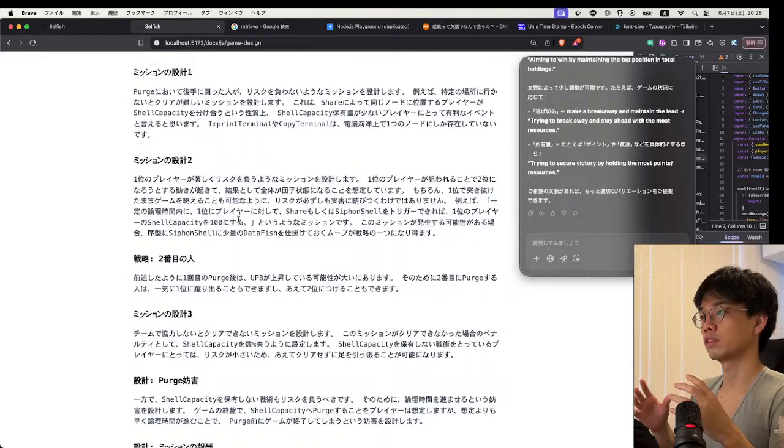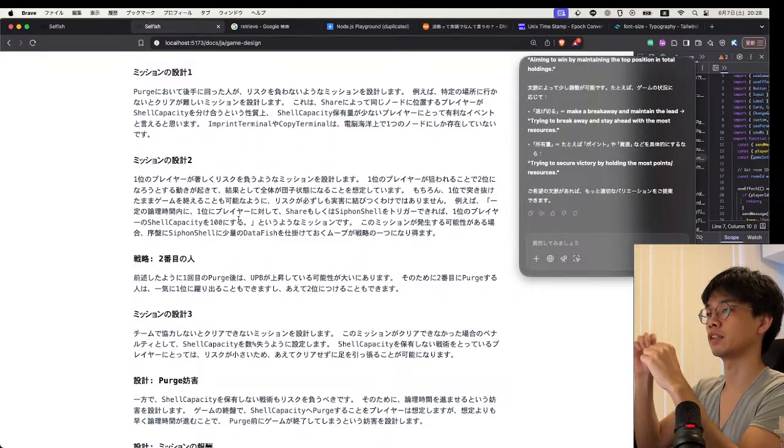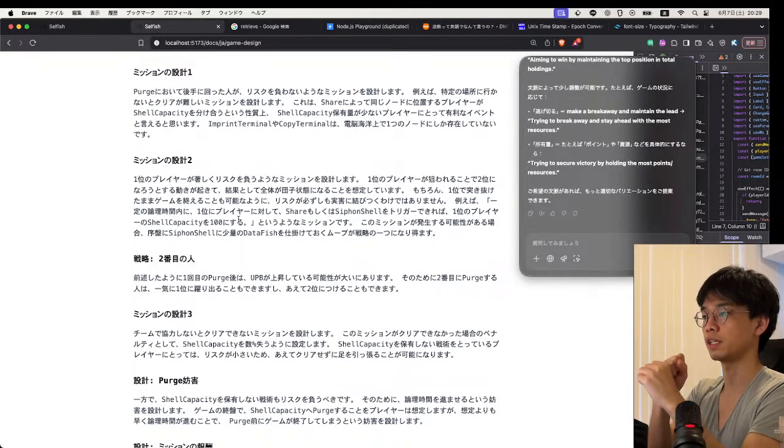There is a top ranked player and the other players are going to attack or set up a trap. These are called sharing. Sharing means going to the same place, and siphon share means setting up a trap.